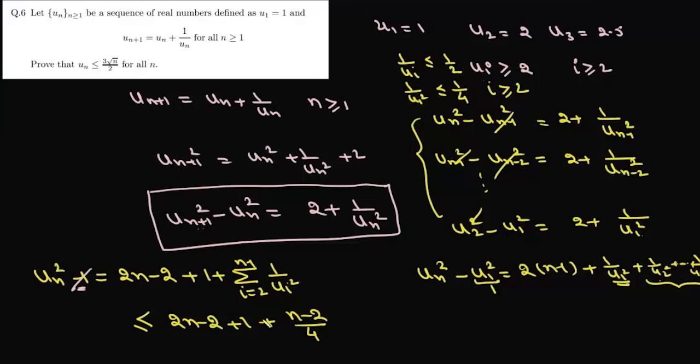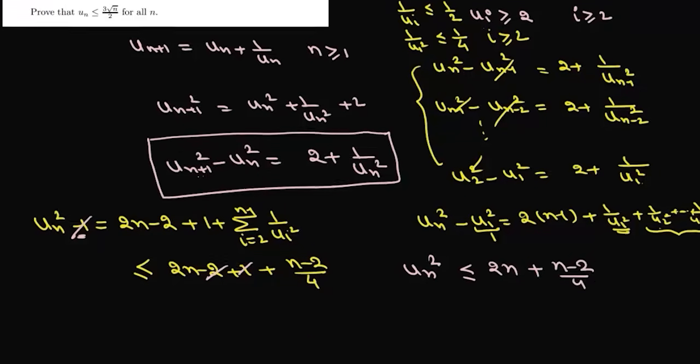So this 1, 1 and 2 will cancel. So we can write un square will be less than or equal to, now this is 2n plus n minus 2 by 4, or we can write un square is less than, now this is 9n minus 2 by 4.